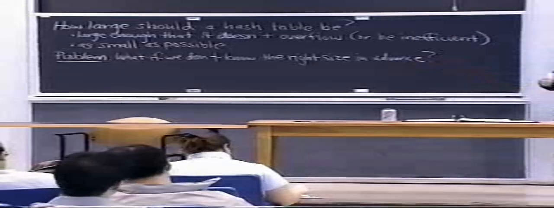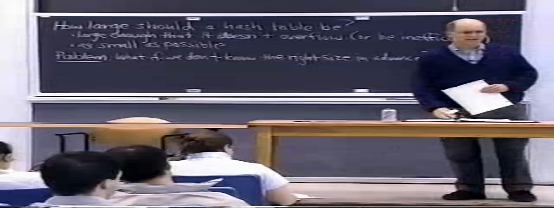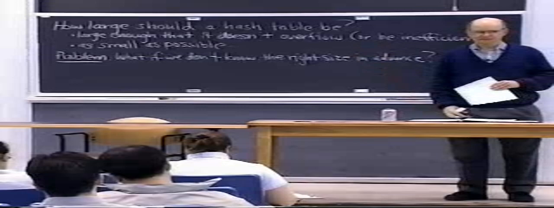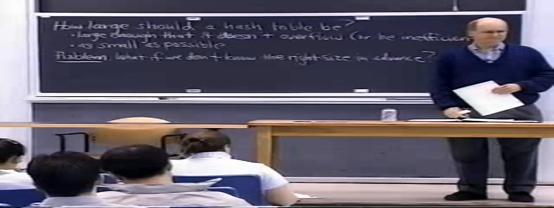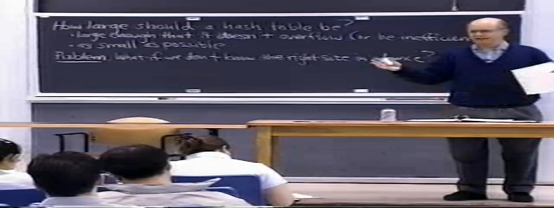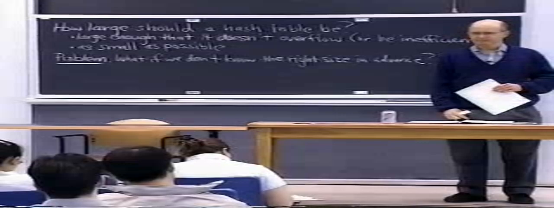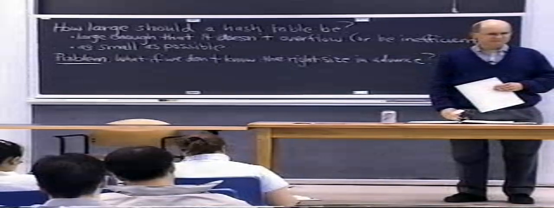How big do we make it if we don't know? So for example, suppose that I say, okay, let me make a hash table with 10,000 entries. What's the asymptotic performance of that hash table for doing a query, if I have n items?